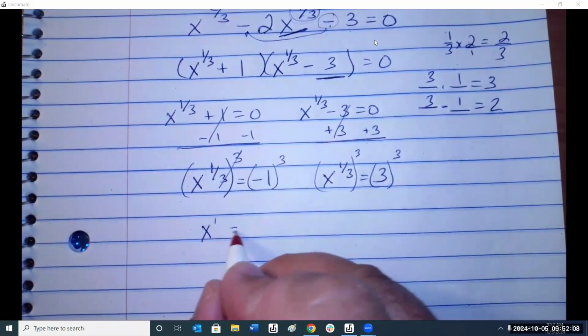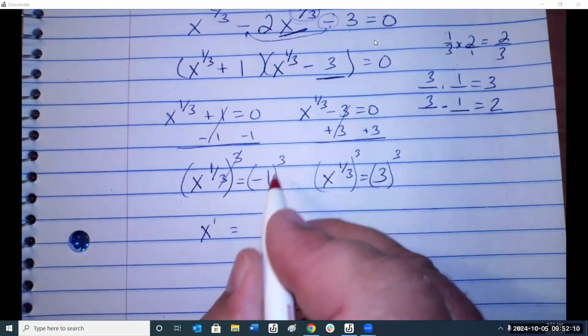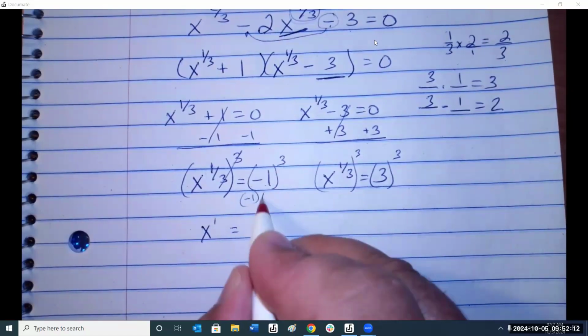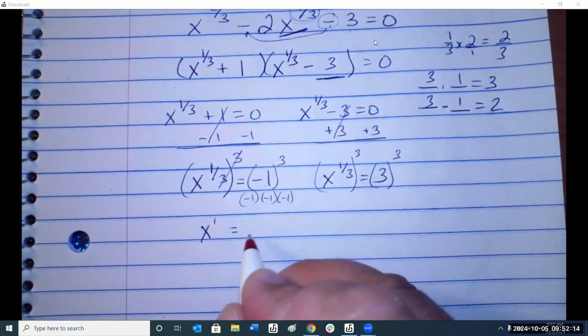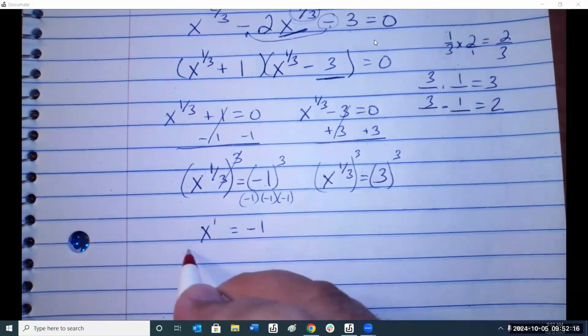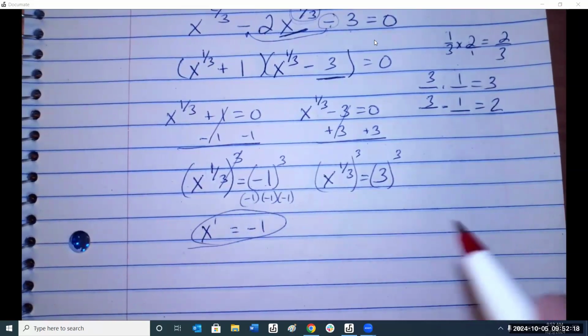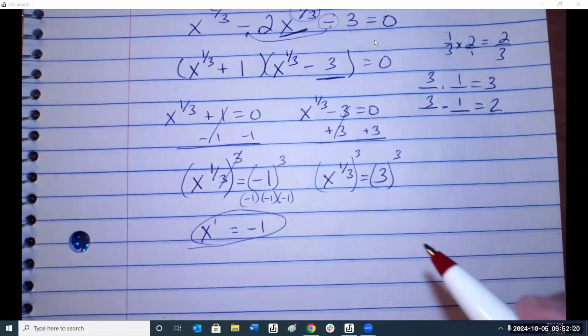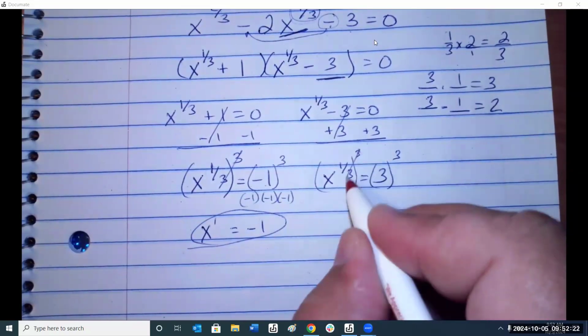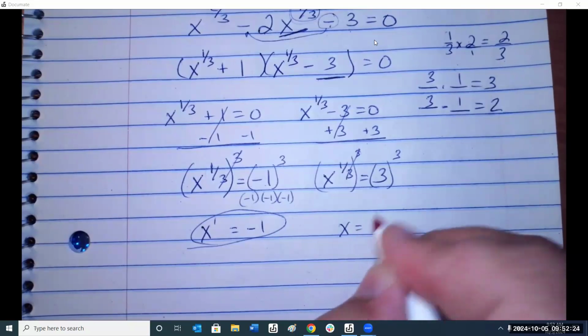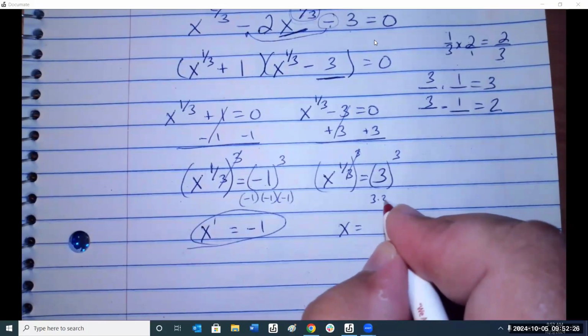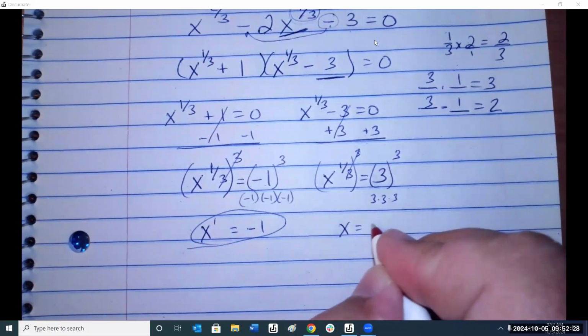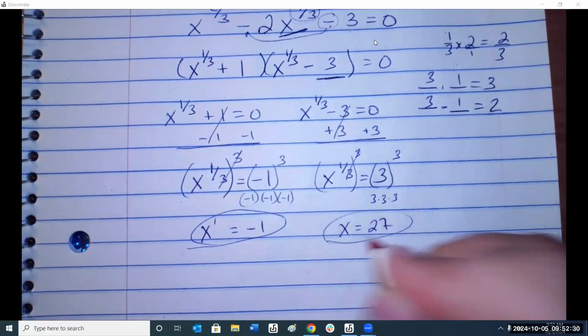We get x. -1 cubed is -1 times -1 times -1, which is -1. So there's our first answer. On the other side, those cancel, so we have 3 times 3 is 9, times 3 is 27. And there's our second answer.